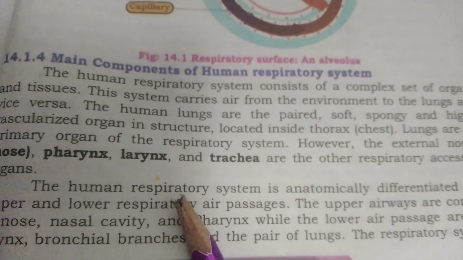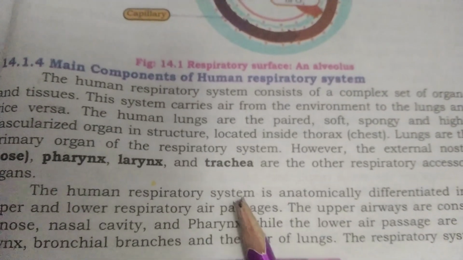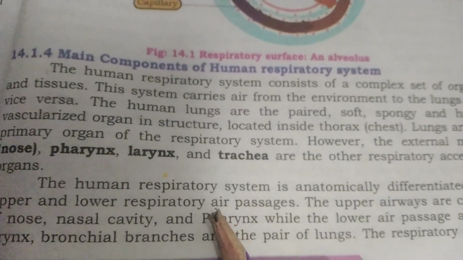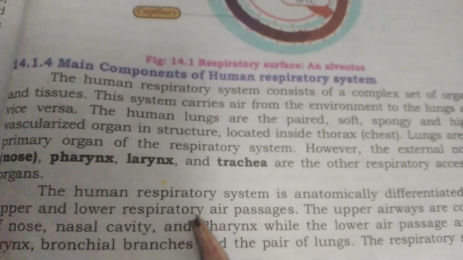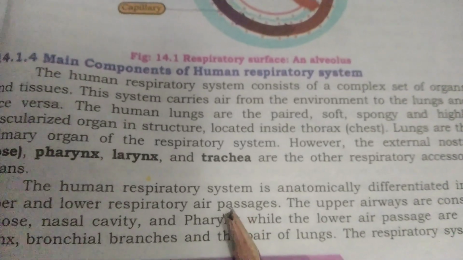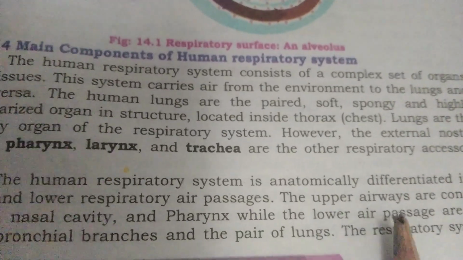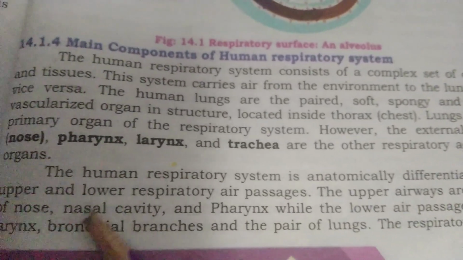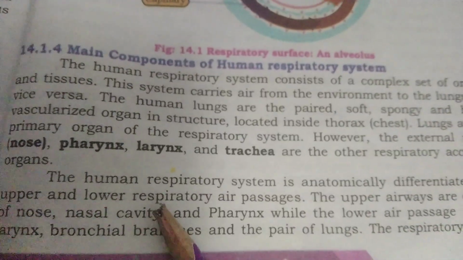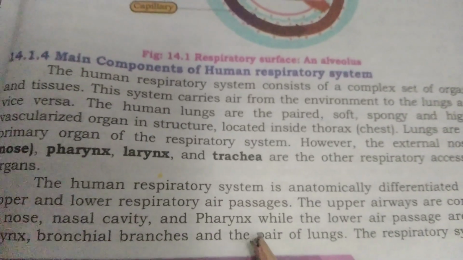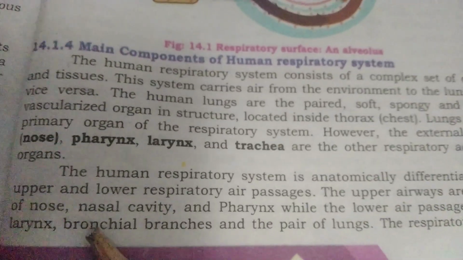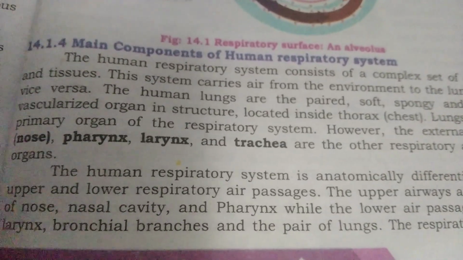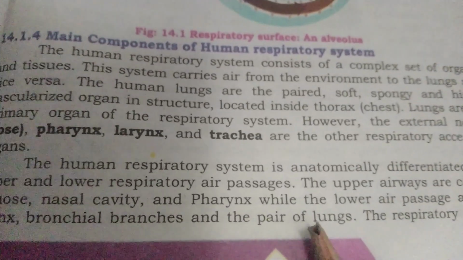Now, anatomically, we see there are two air passages: upper and lower respiratory air passages. The upper airways consist of the nose, nasal cavity, and pharynx. What about the lower ones? Lower air passages are the larynx, bronchi, and the pair of lungs.